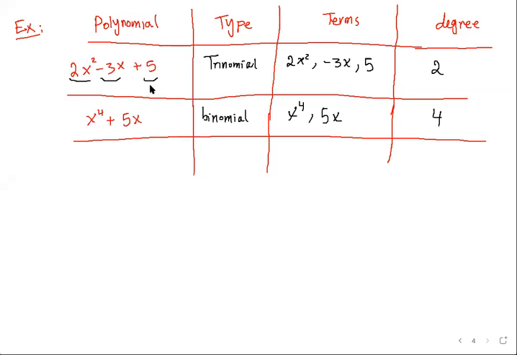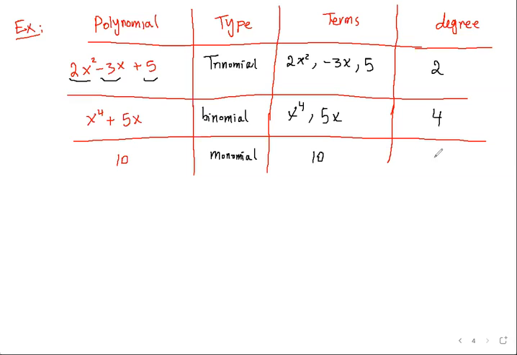Last example: 10. What is the type? Monomial. What are the terms here? Only 10.